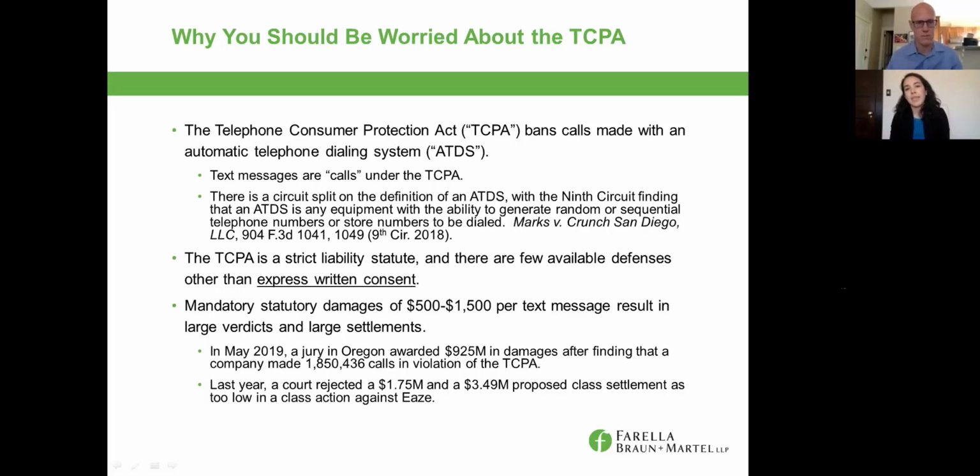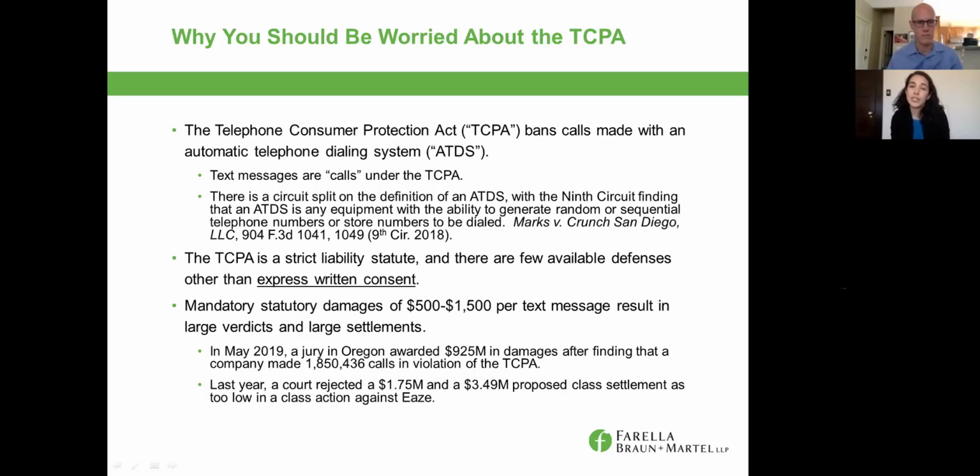The TCPA is a strict liability statute, and there are few available defenses other than that the business obtained the express written consent of an individual to text message them or to call them.